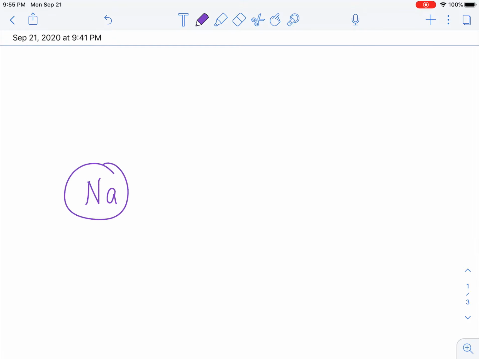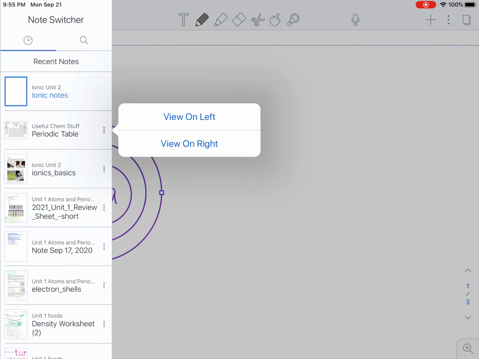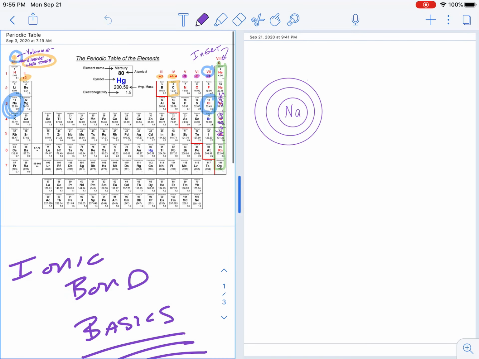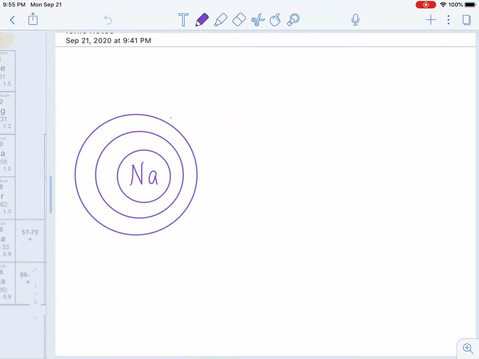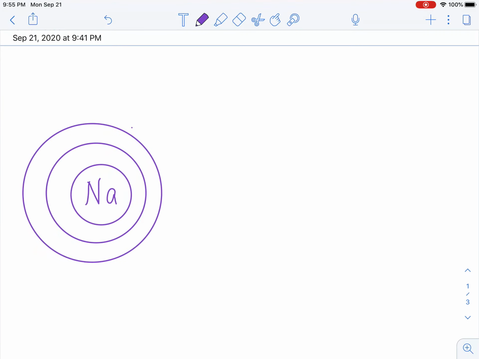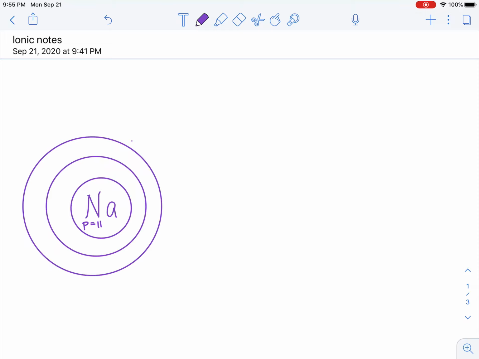Na. We're going to do its Bohr orbitals here. Sodium is number 11 on the periodic table, so that means it has 11 protons in its nucleus, and it's going to have 11 electrons outside of its nucleus.